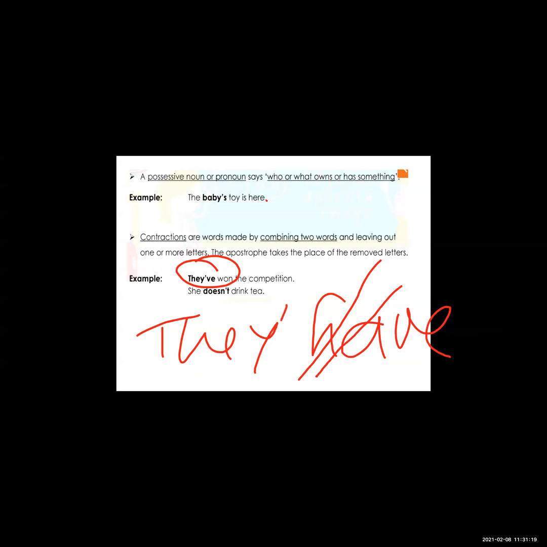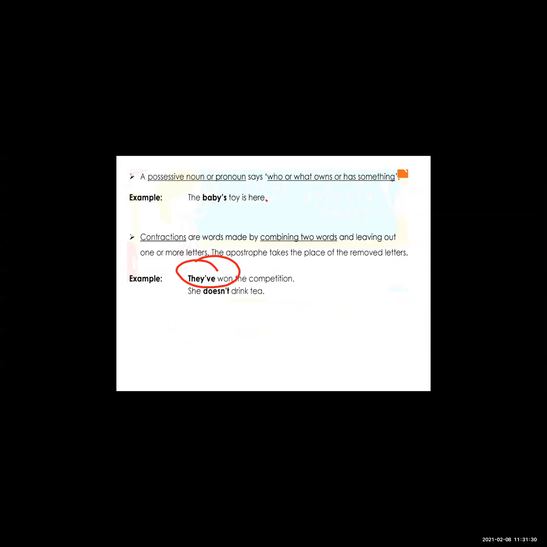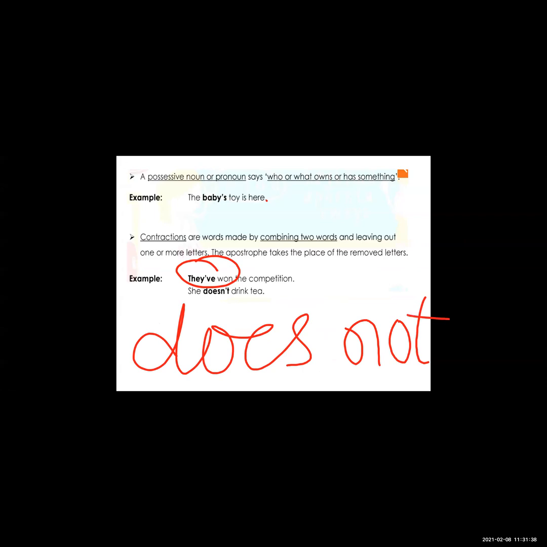Okay, now the next one: she doesn't drink tea. What is the meaning? She does not drink tea. So here, does not. Which letter are we replacing with the apostrophe?